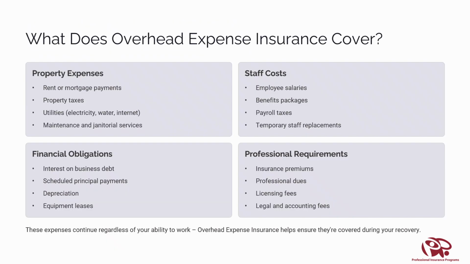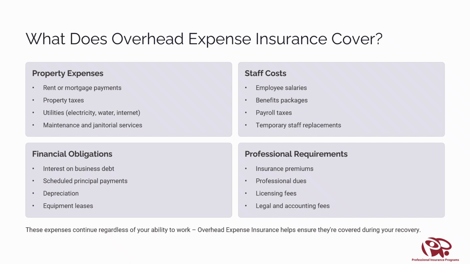Overhead expense disability insurance helps cover many of the fixed costs your business continues to incur, even if you can't work due to a disability. This includes property expenses such as rent or mortgage payments, property taxes, utilities like electricity, water, and internet, and maintenance or janitorial services. It also covers staff costs, including employee salaries, benefit packages, payroll taxes, and even the cost of hiring temporary staff replacements.